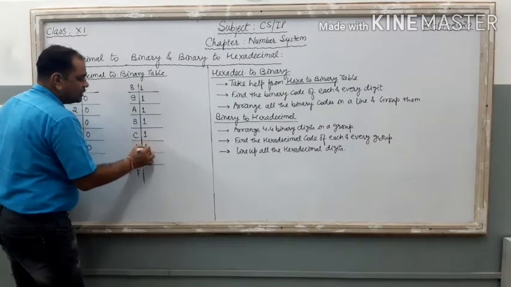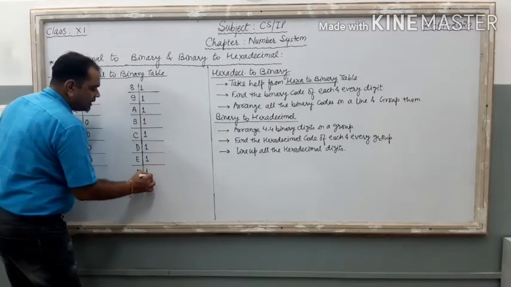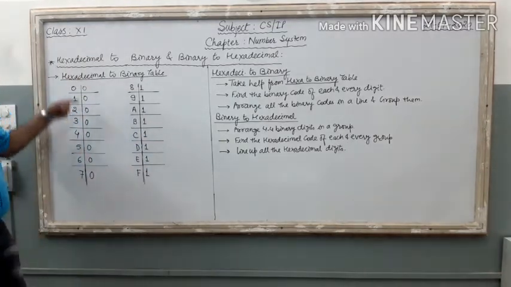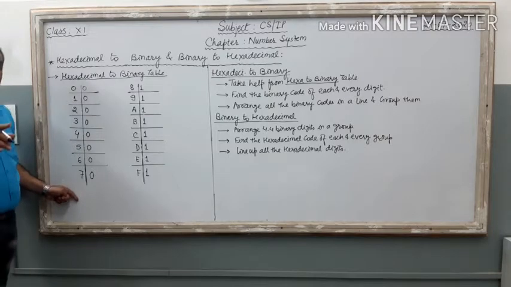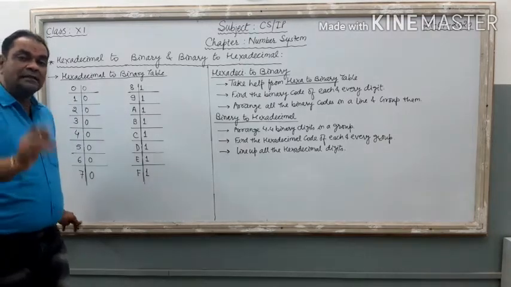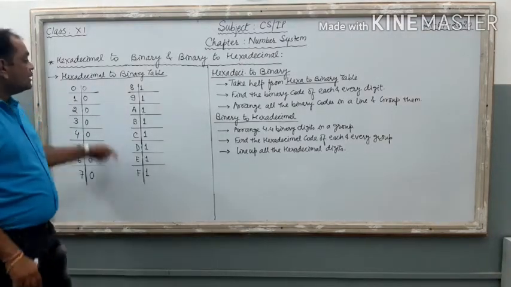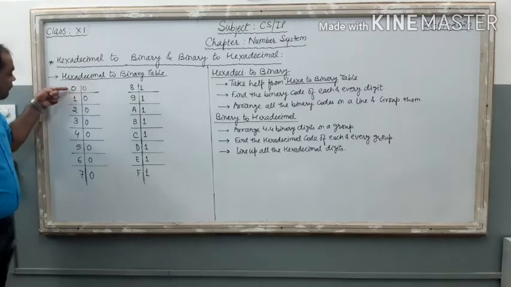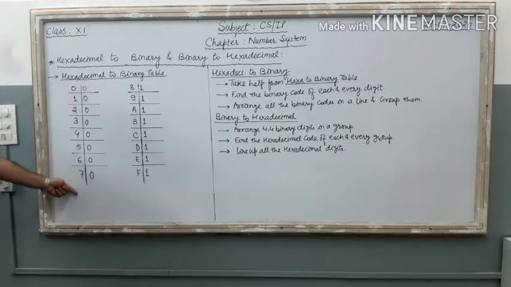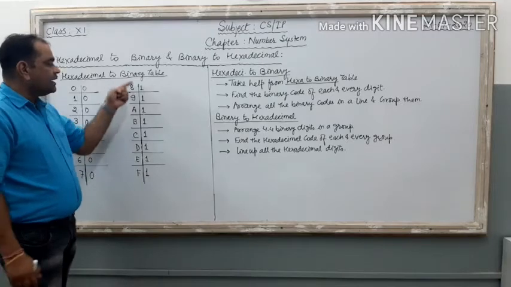Just see it carefully. We are going to produce a 4-digit binary code. Out of these 4 digits, the very first position from 0 to 7 is 0, and from 8 to F it is 1.